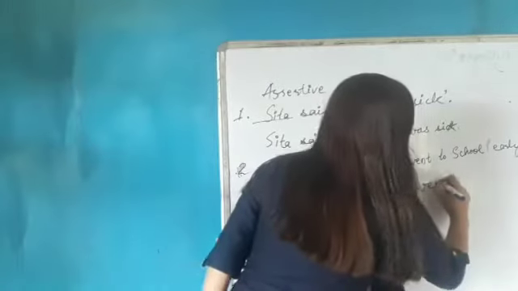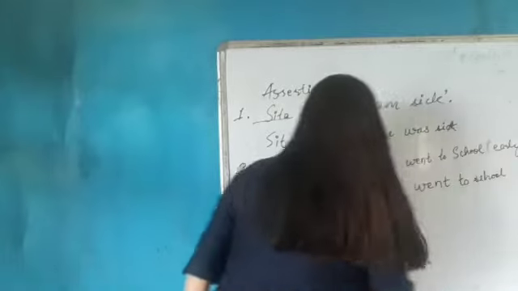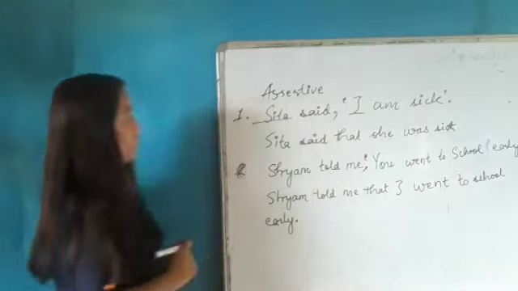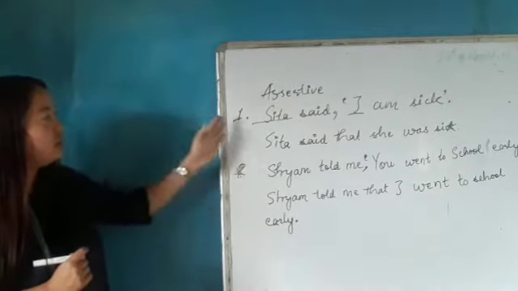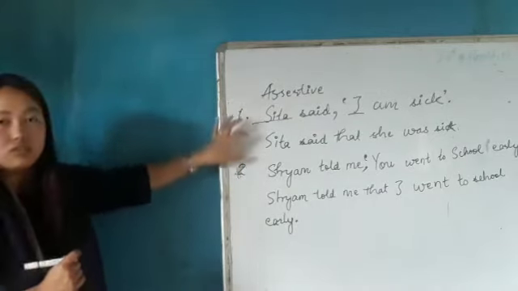So, I went to school early. Okay, so these are two examples of the assertive sentence that has been changed from direct to indirect.